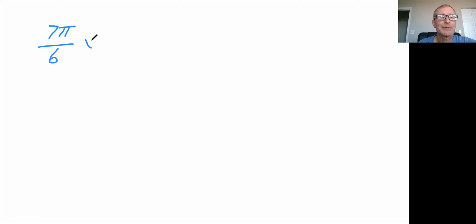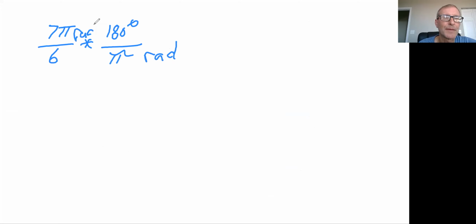So how do we do that? Well, you want degrees on the top, all right? And you want the radians on the bottom. And typically you don't write out radians, but we can in this case, right? Because this is radians down here, and this is radians over here. And so you can see that the radians cancel, and that's kind of nice. You can see the pi's cancel, so in this calculation, that's kind of nice.